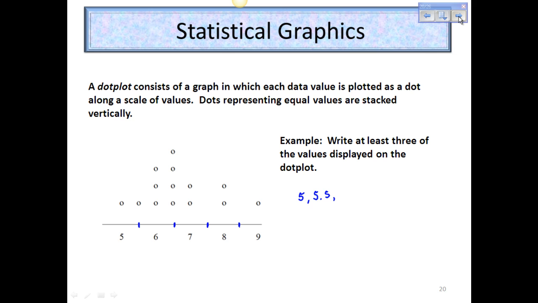And then right after that, we had 4 dots above 6.5, so we had 4 6.5s, and so on and so forth until you list all the values for your dot plot.